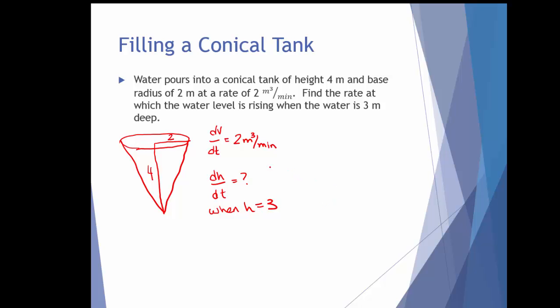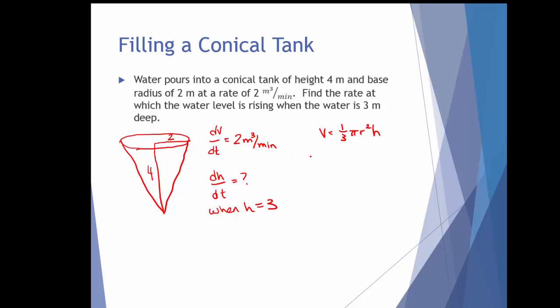So now that we have our knowns and our unknowns, what we need to do is get an equation that relates the two. So the volume of a cone is equal to 1/3 times pi r squared h. So that will relate our known to our unknown. If we go ahead and take the derivative from here, let's take a look at what happens.